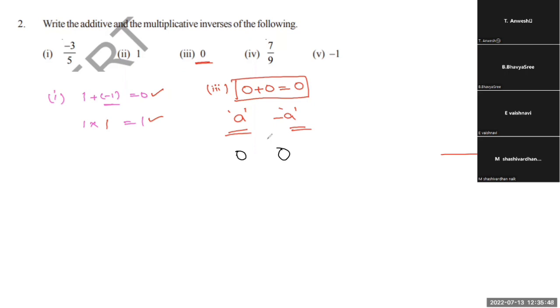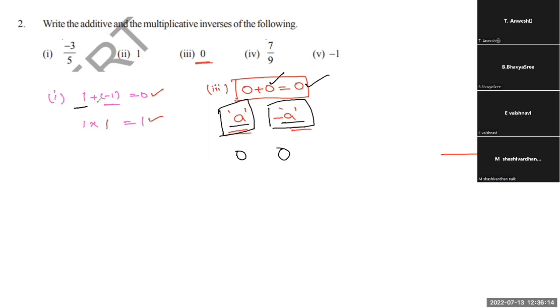So while adding with another 0, we get a value that exists, but we cannot say whether it is negative or positive. We get the sum of the two values equal to 0 again. So the additive inverse of 0 is again 0 only, but we cannot say whether it is positive or negative.